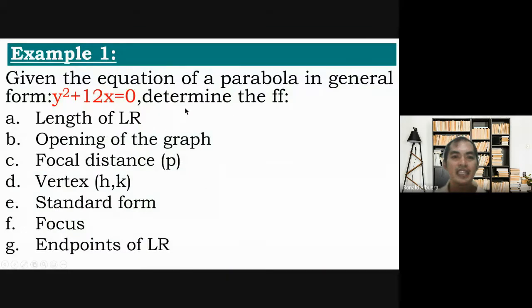Suppose the given equation of a parabola is in general form: y squared plus 12x equals 0. Determine the following: the length of the LR, the opening of the graph, the focal distance represented by p, the vertex (h, k), the standard form of the equation, the focus, which is a point, and the endpoints of the latus rectum.